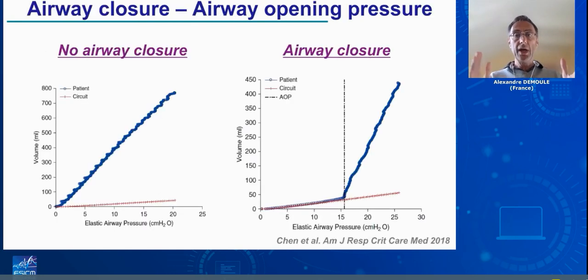So here we have two pressure volume curves of two patients. On the left, we have a patient with no airway closure, and on the right, we have a patient with airway closure. On the left, we see that as soon as the pressure inside the airway increases, the volume inside the respiratory system increases.